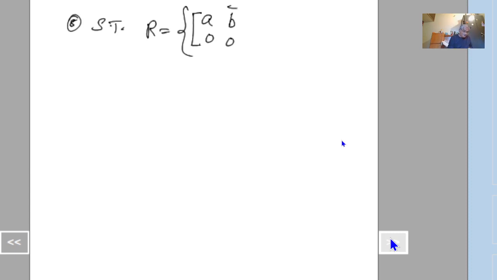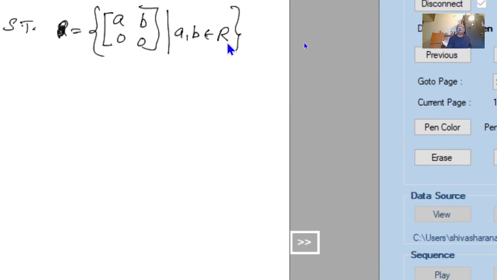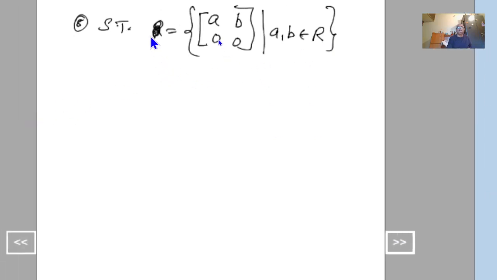Next I will go to another example. Show that R is equal to the set consisting of the matrices of this form [A B; 0 0] such that A and B belong to R. Here, because we have used R for real numbers, I will use another notation.